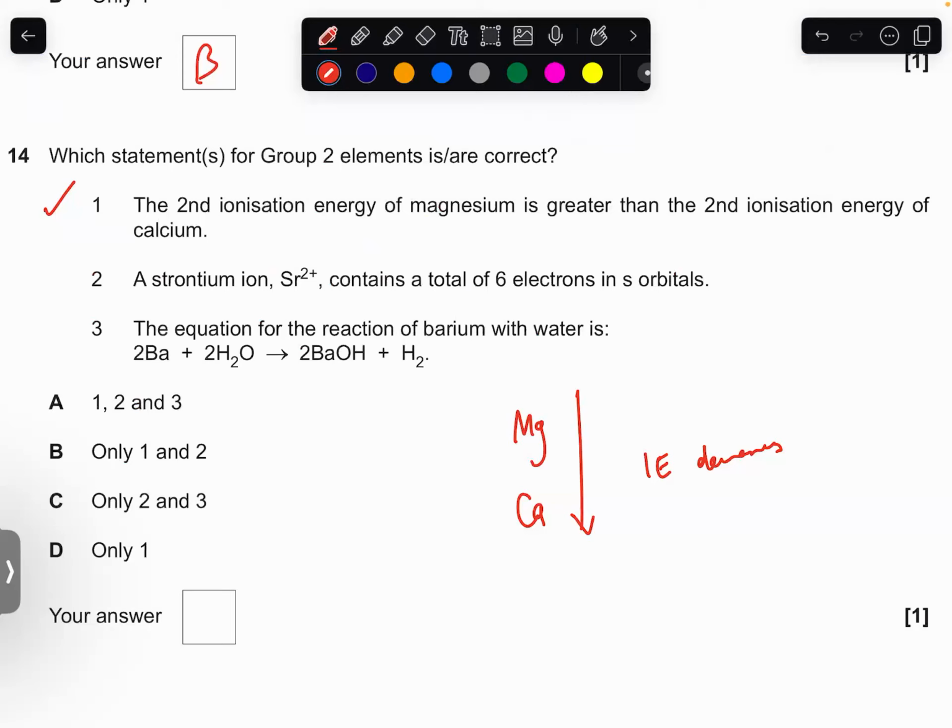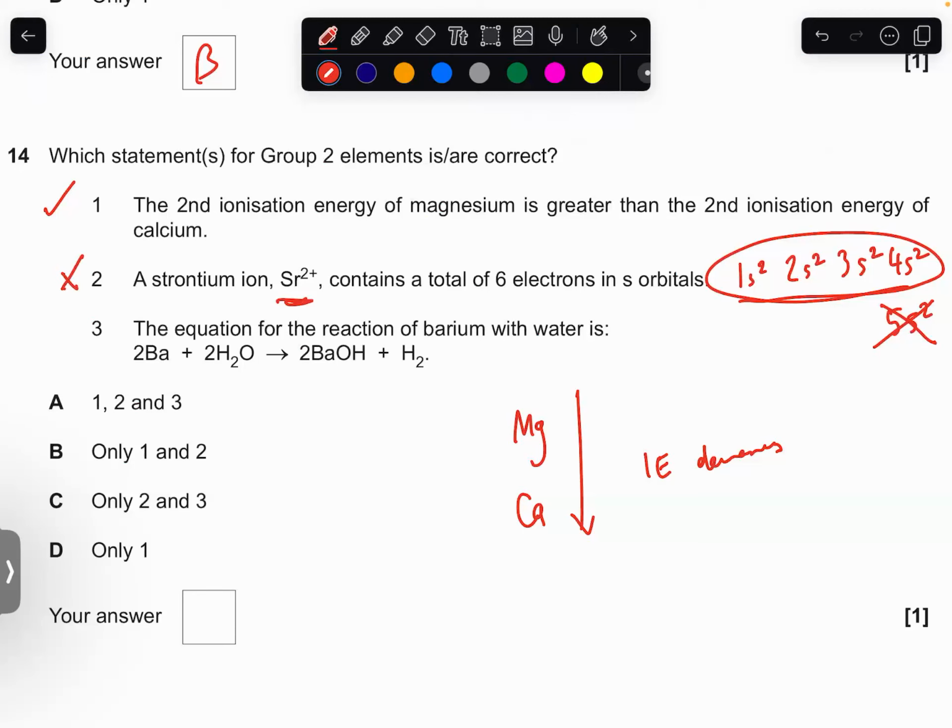Strontium ion contains a total of 6 electrons in the s orbital. You see its electron configuration is going to have a 1s2, there'll be a 2s2, a 3s2, a 4s2, and then strontium's is 5s2, which these electrons are removed to give you the ion. There are 8 electrons here, not 6.